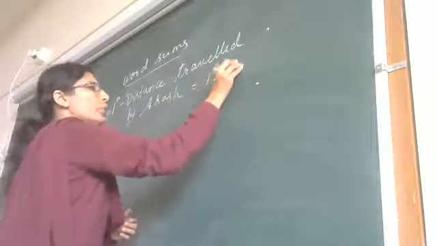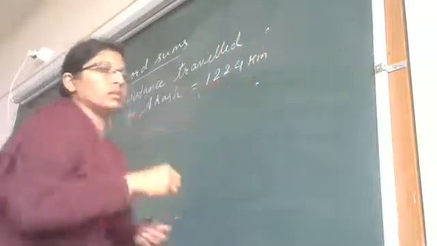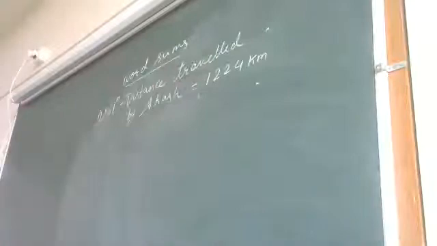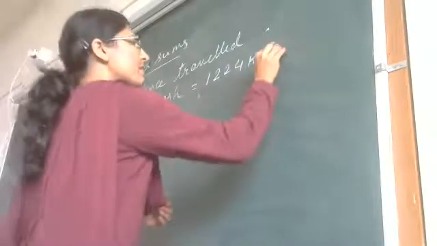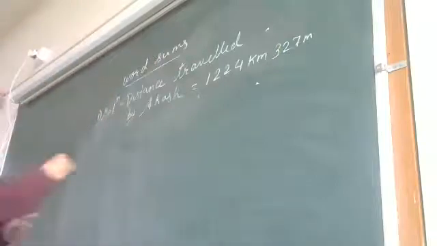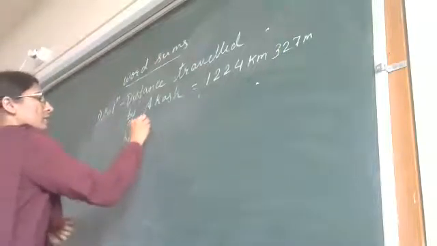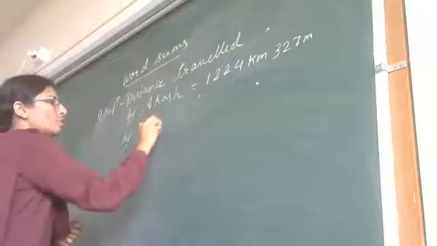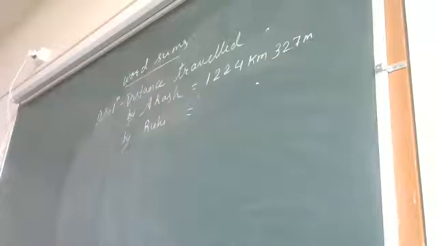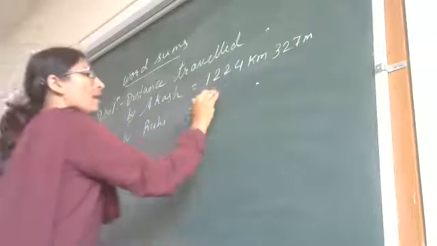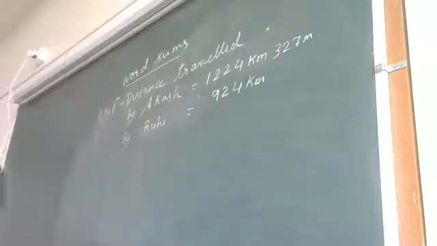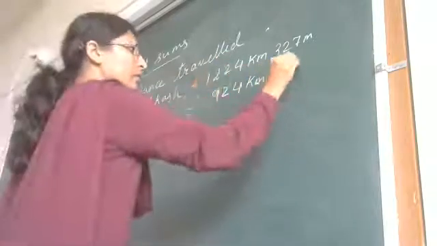So 1224 kilometer 327 meter. Next is Ruhi. We can write it together because here all three are distance traveled. So Ruhi traveled 924 kilometer and 28 meter.